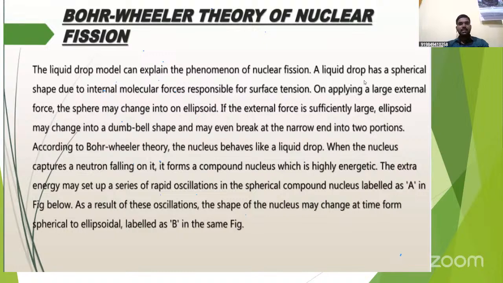The liquid drop has a spherical shape due to intermolecular forces responsible for the surface tension. So, due to the surface tension, the liquid drop will be in a spherical shape. On applying a large external force, the sphere may change into an ellipsoid.